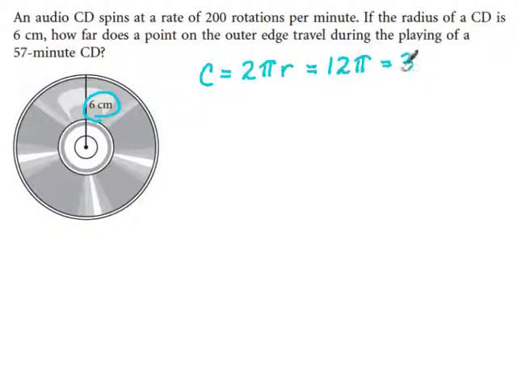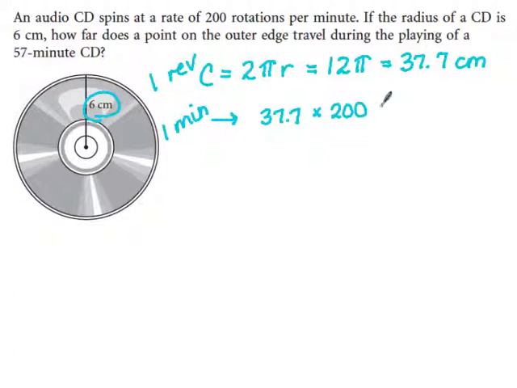37.7 centimeters. So that is one revolution, folks. Okay, so in 1 minute, how many revolutions will it do? It'll do 200 revolutions. So I'm going to take 37.7 times 200, which is what? 7,540.